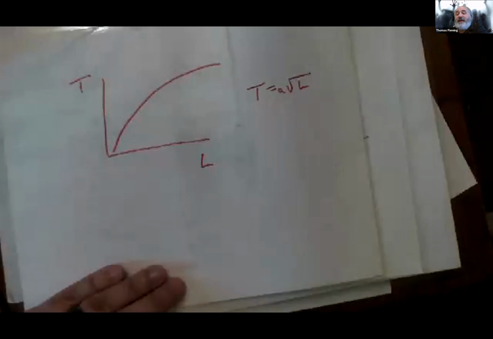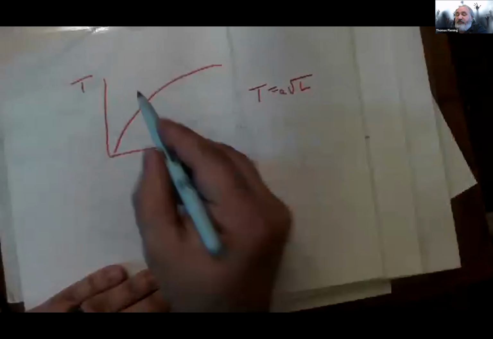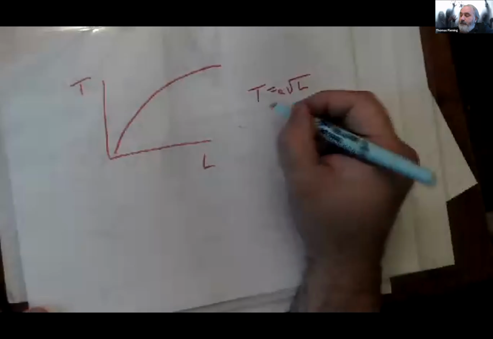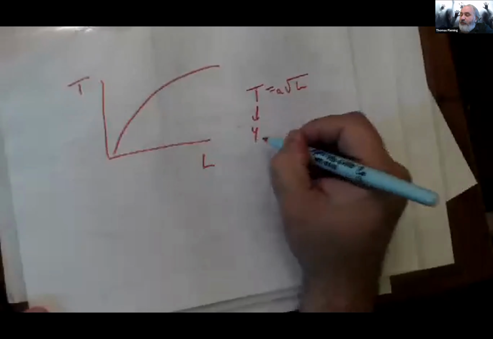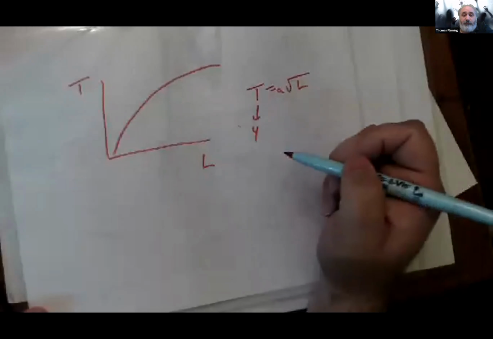Now, if that was my guess and I wanted to plot this data in a way that gave me a straight line, how could I do it? What could I make my axes to make that turn out to be a straight line? I'll make this be the y, because y is always the variable that's by itself.